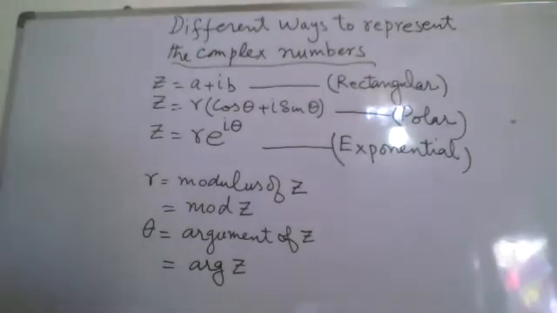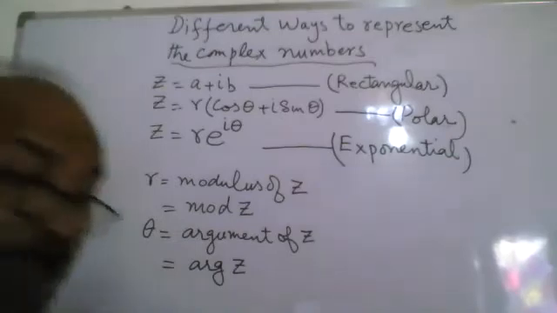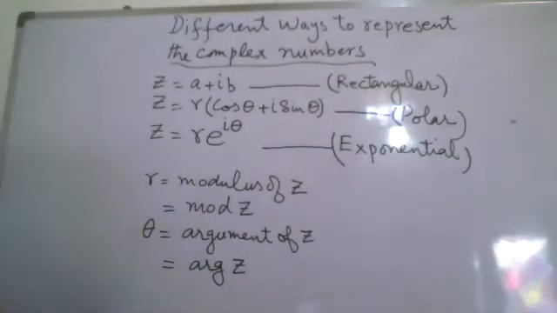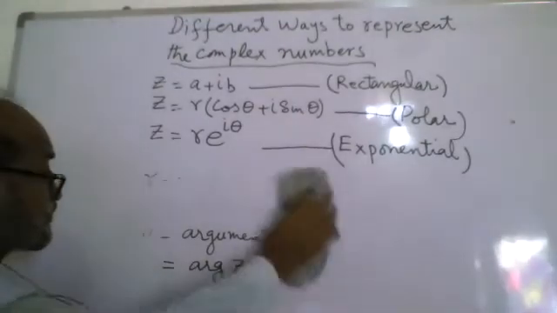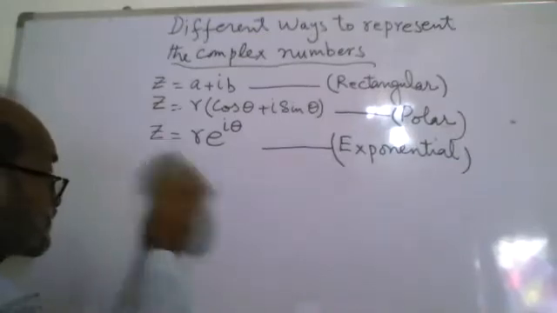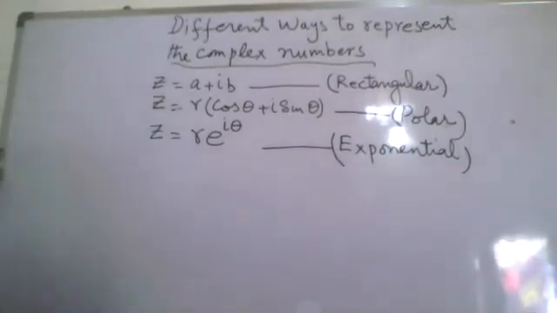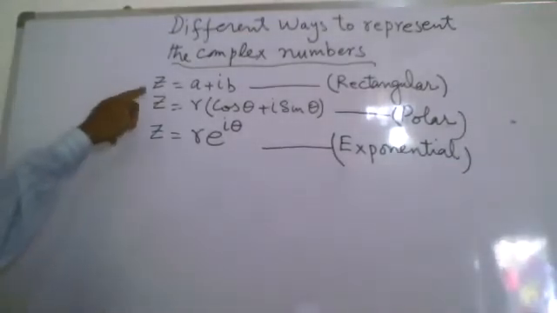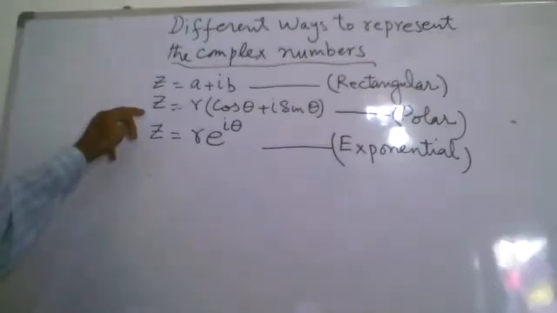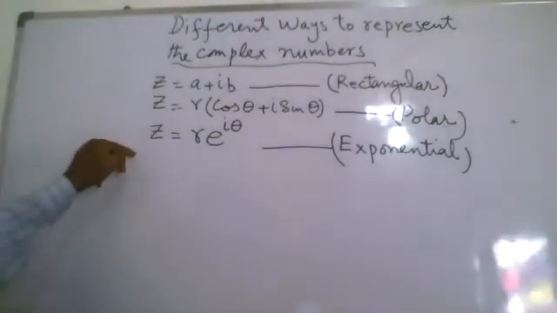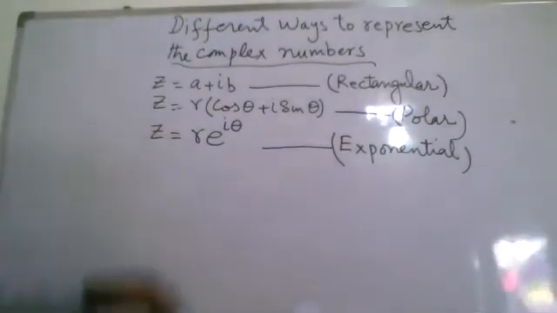How to represent this in the Argand diagram? I have told you already how to represent the rectangular form. Now I am telling how to represent the polar form and the exponential form in the Argand diagram.